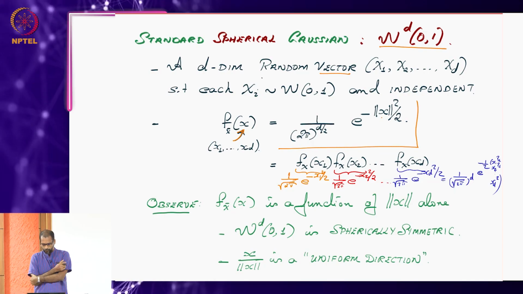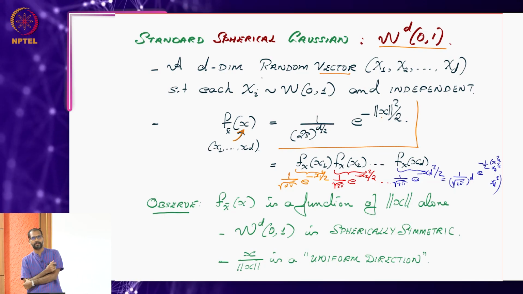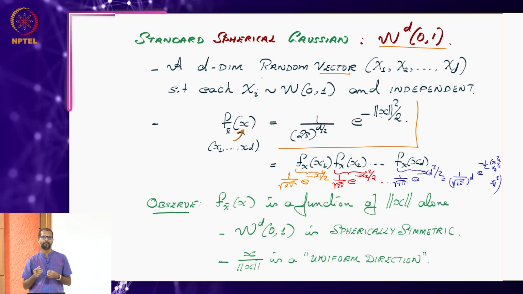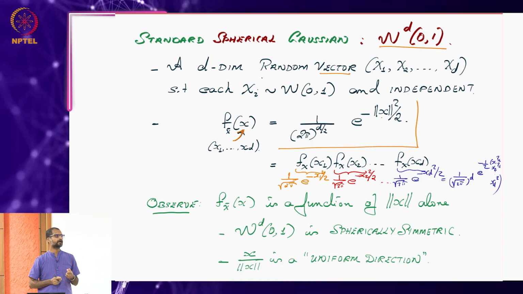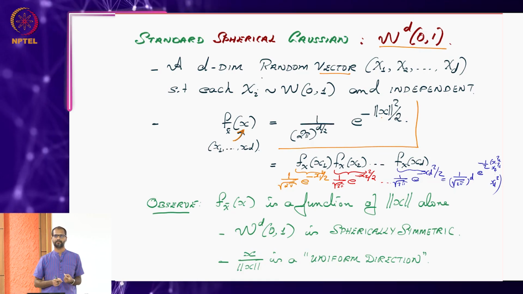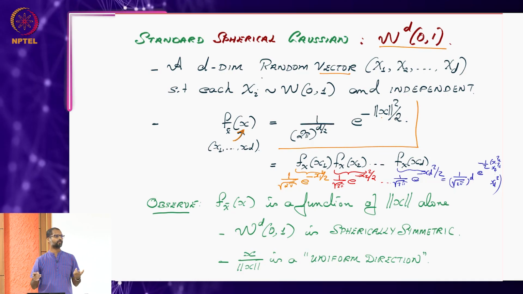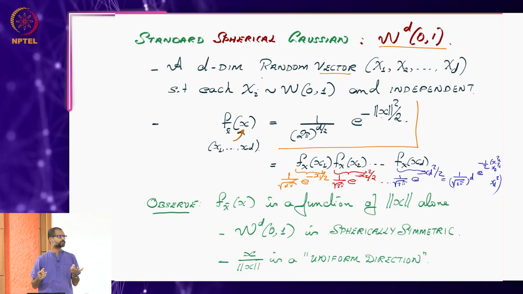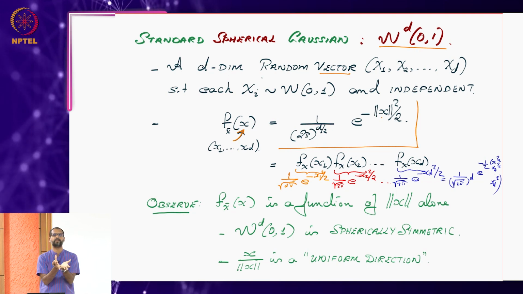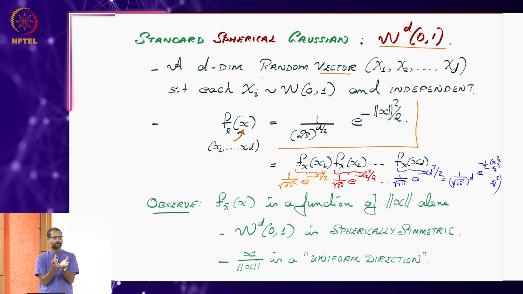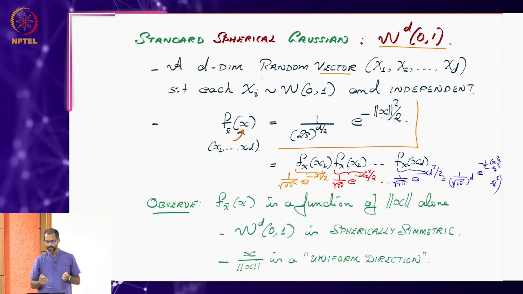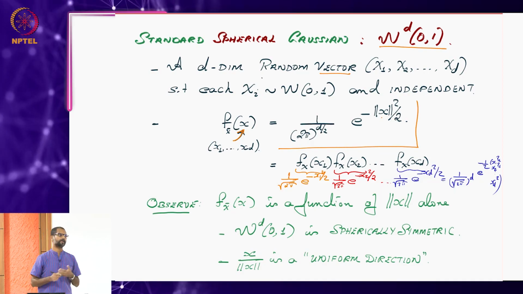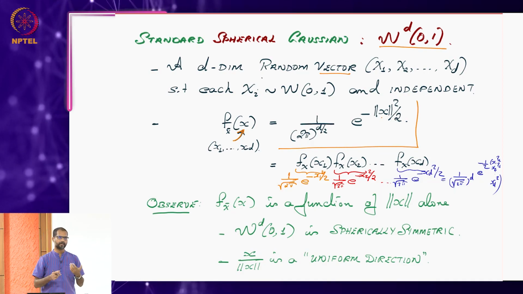Now because it is spherically symmetric, there is a lot of use to this spherical Gaussian. For example, if I want to sample a uniform direction in 3D space, which is essentially saying I want to sample a unit vector which is uniform on the sphere, one way to do that is to take a random vector x1, x2, x3, where x1, x2, x3 are independent standard normals.